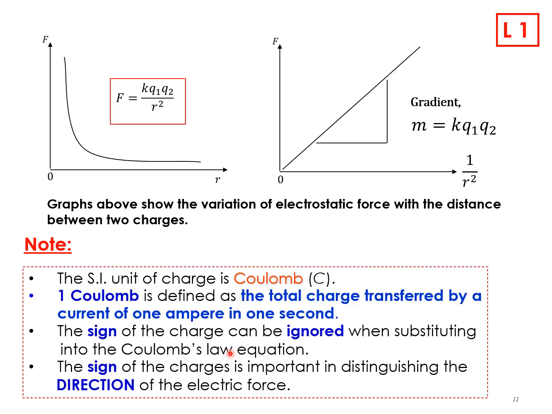The positive and negative represent the properties of the charge. Remember that. The sign of the charge is important in order to distinguish the direction of electric force. We will study it further.